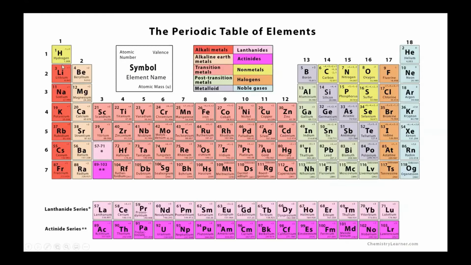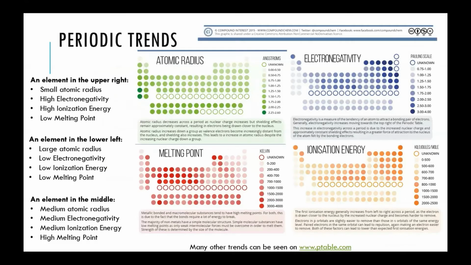I have the alkali metals, the alkaline earth metals, transition metals, the rare earth metals down here, and then noble gases, halogens, post-transition metals, these sorts of things. Where things are on the periodic table plays an important role in inferring what types of reactions occur and the different properties of those elements. Some of the other periodic trends can be seen here. So atomic radius.